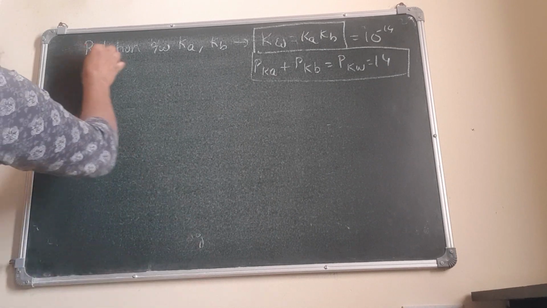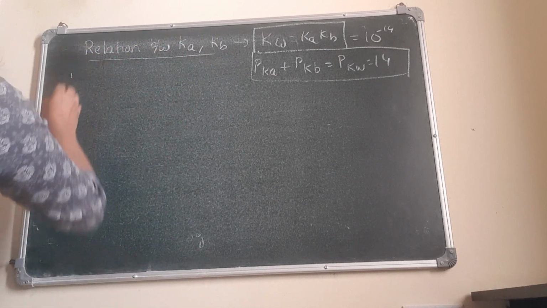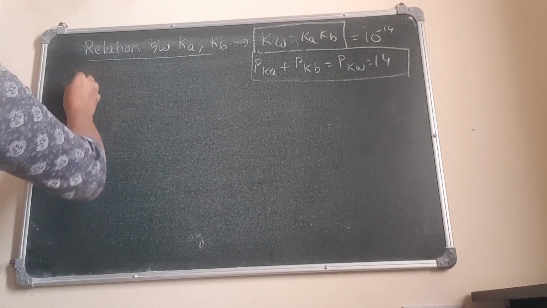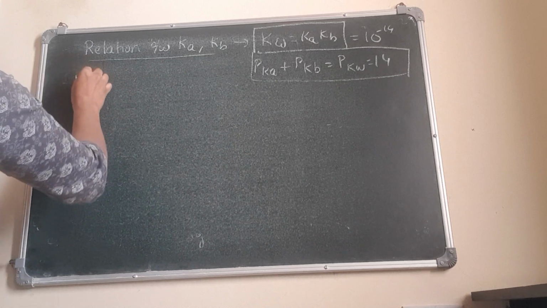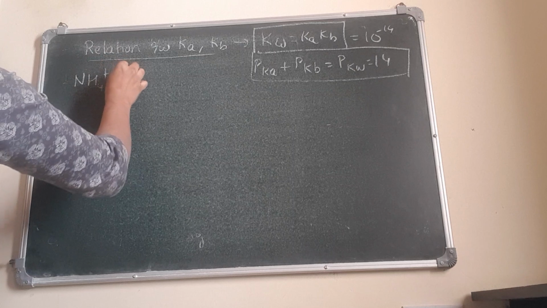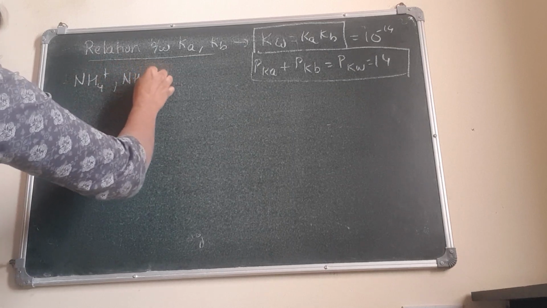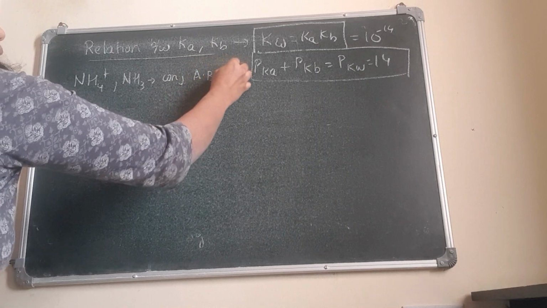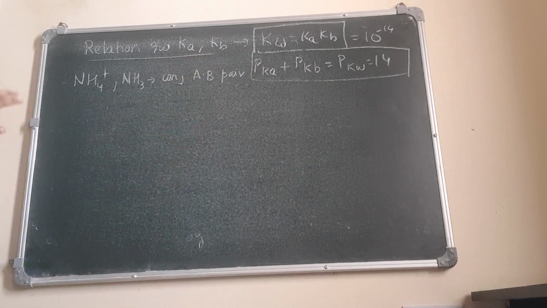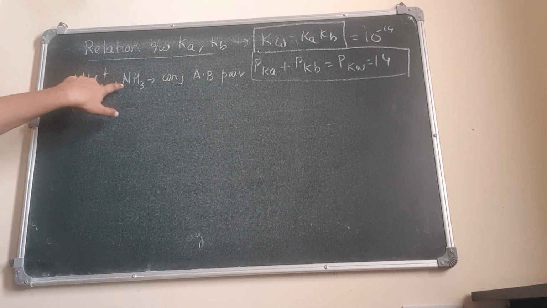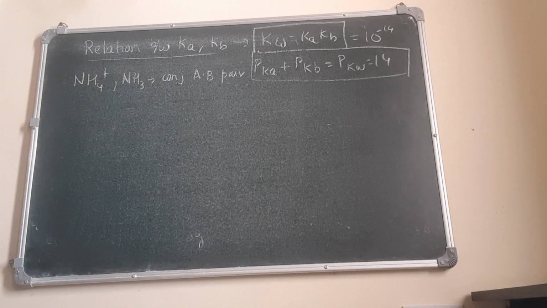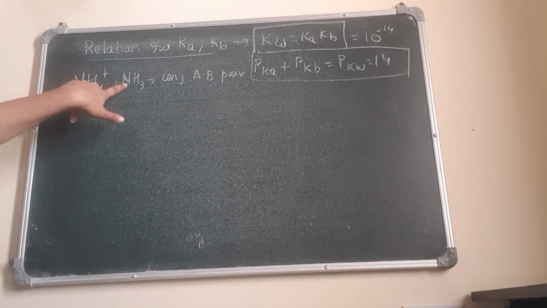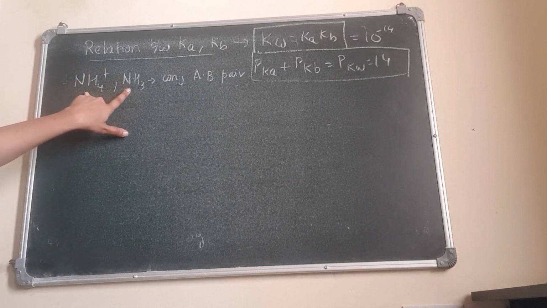Alright, so now let us understand, if I have a conjugate acid base pair, let us say ammonium ion and ammonia are a conjugate acid base pair. How do we say that? I told you this, whenever we try to figure out if the given two substances are a conjugate acid base pair, you have to understand that there should be a difference of a proton.